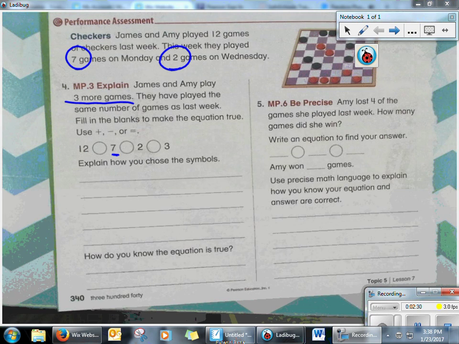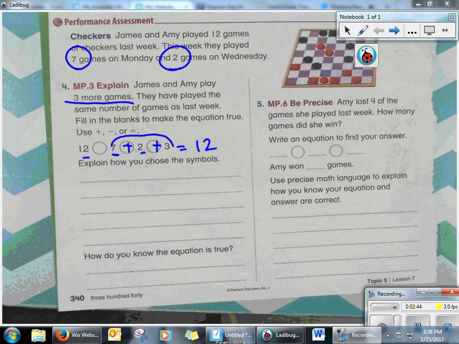There's the 7, plus the 2, plus the 3 more they played. 7 plus 2 plus 3 is going to equal 12. And we have a 12 on this side. That was their total number of games last week. So the symbol that will be missing is an equal sign, because 12 from the last week is the same as the 12 from this week.